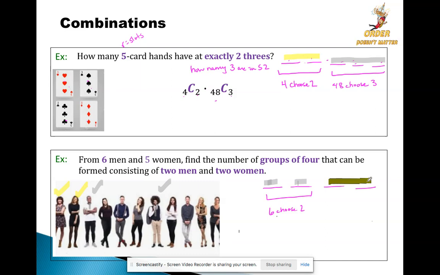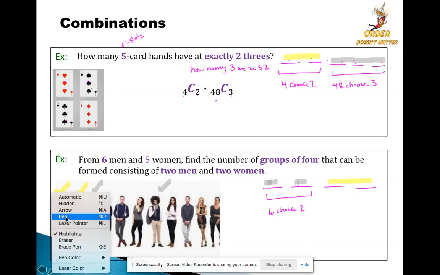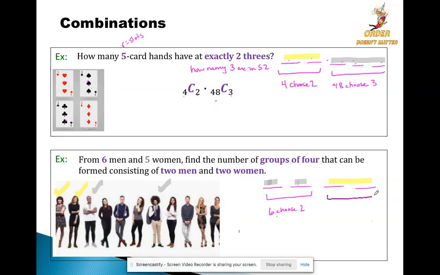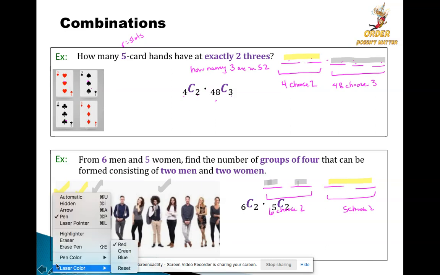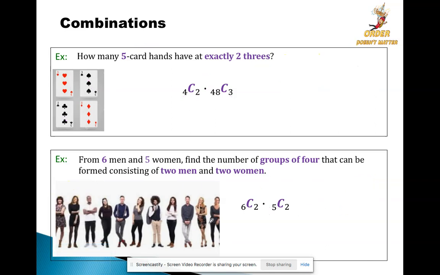They're going to fill in those 2 slots. But this time I'm choosing 2, but out of how many? Good. And just multiplying. Right? 6 choose 2 and 5 choose 2.